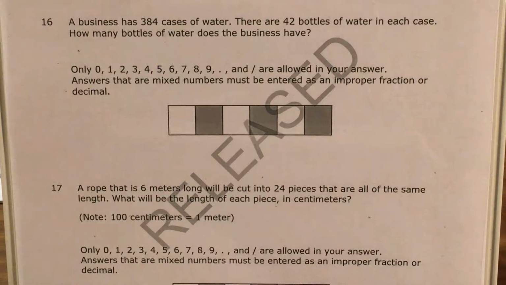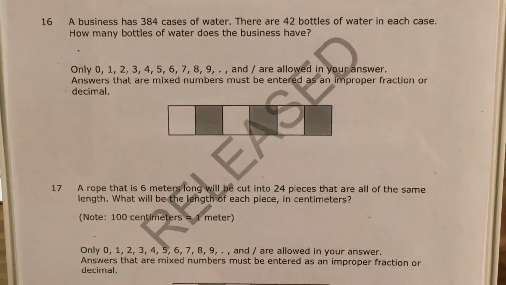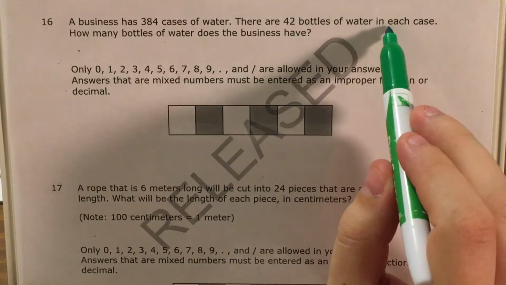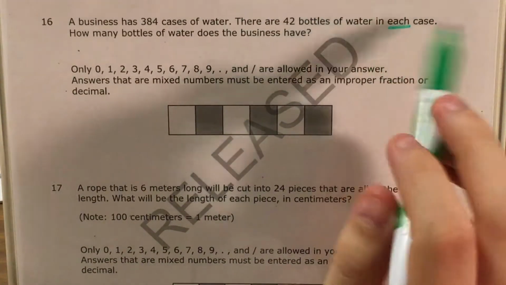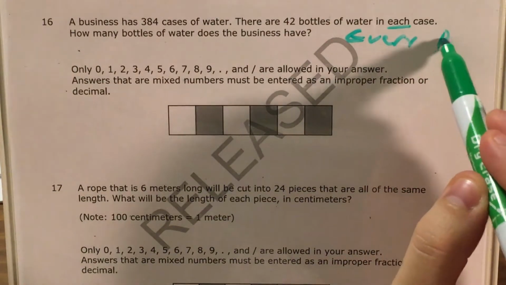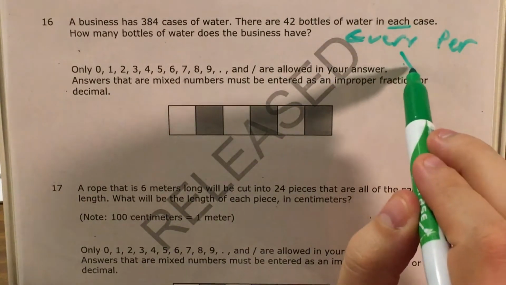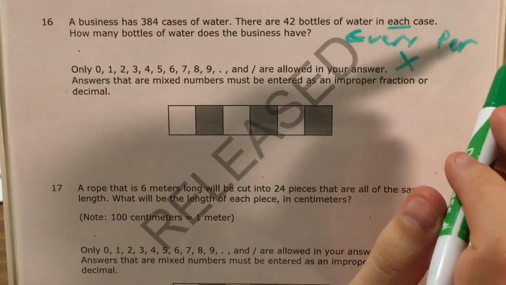So in order to do a problem like this, the key is we have to know how to multiply large numbers. There's two methods for this. I'll go over both methods. But I want to start by reading the problem very carefully and figuring out exactly what we need to do. I see the word each, and that tells me, along with if I see the word every or the word per, that I'm going to end up multiplying.